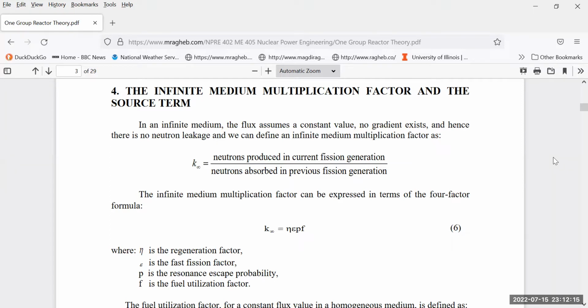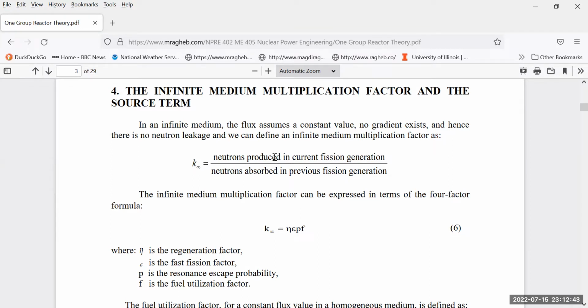One of them could escape from the system, another one can be absorbed in the system, and we would have one left to keep the chain reaction of the multiplication process continuing. So we describe the fissioning process in the same way as I suggested, in analogy to bacteria, by a multiplication factor. k is the symbol for the multiplication factor.